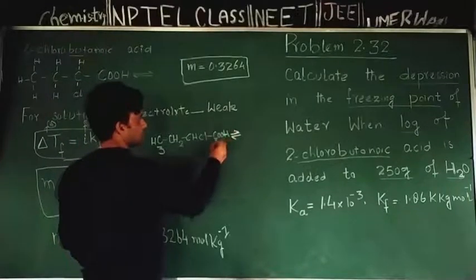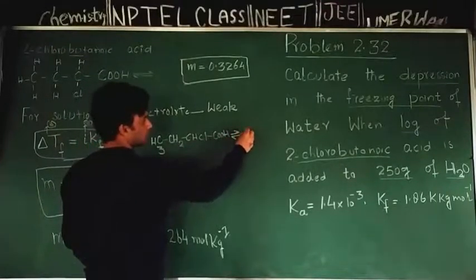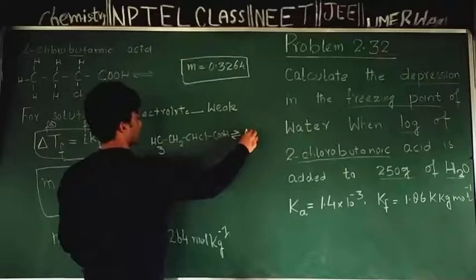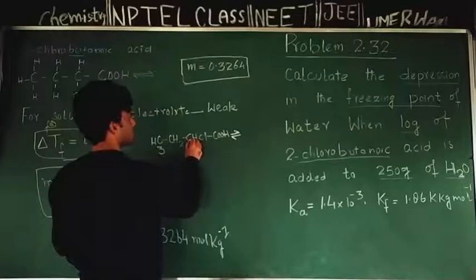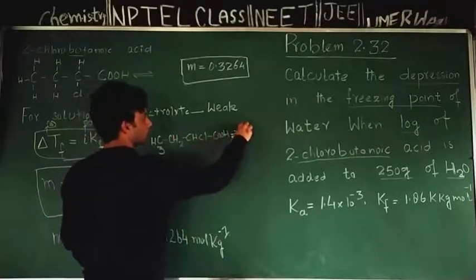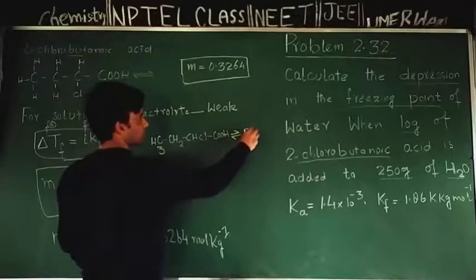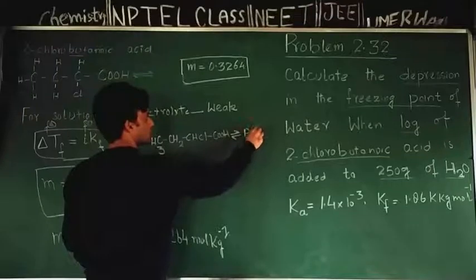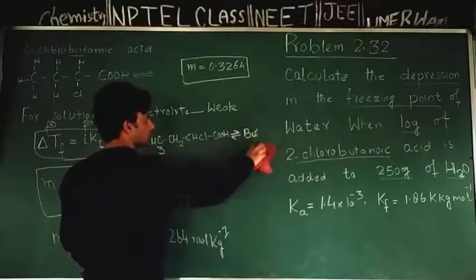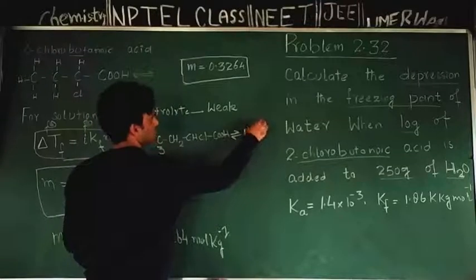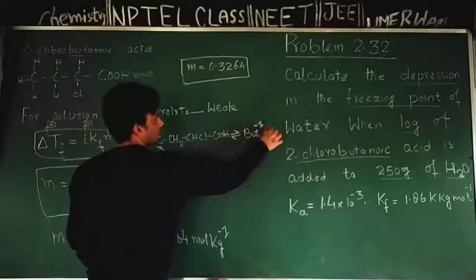It will undergo partial ionization to give this butanoate part. I may write it like this: 1, 2, 3, 4, because there are 4 carbons, I will write but, COO negative, or I may write like this, but raised power -1 plus H positive.